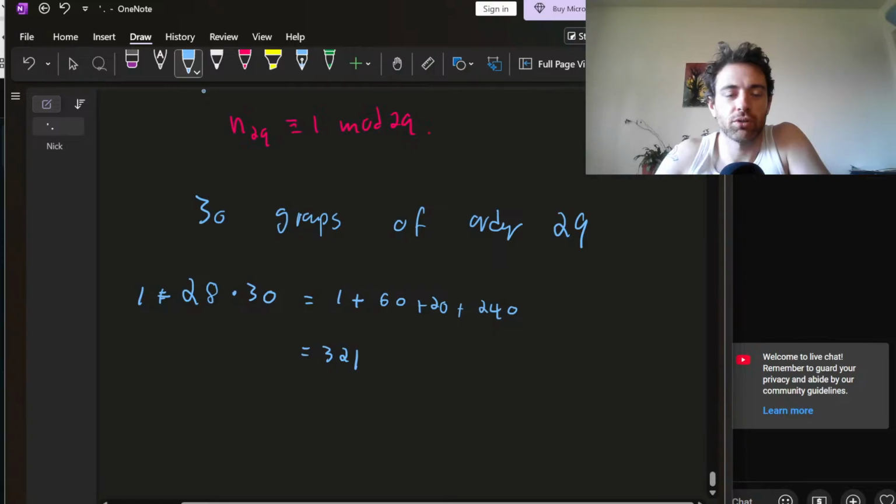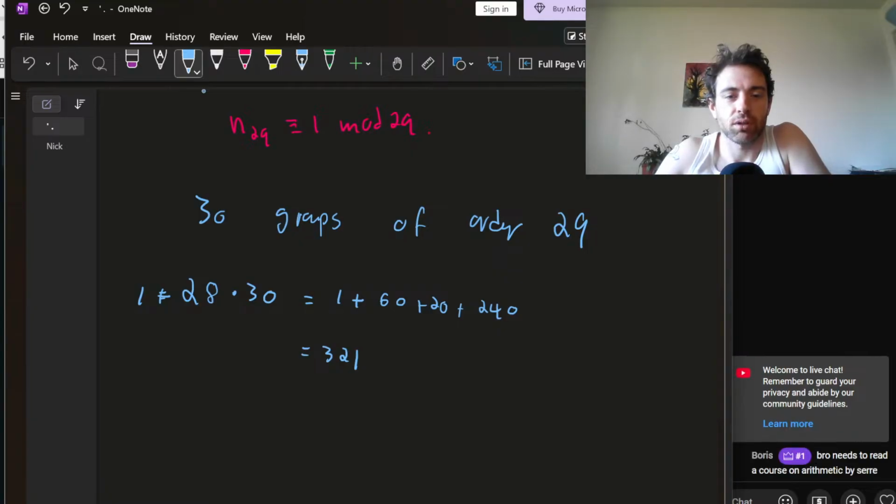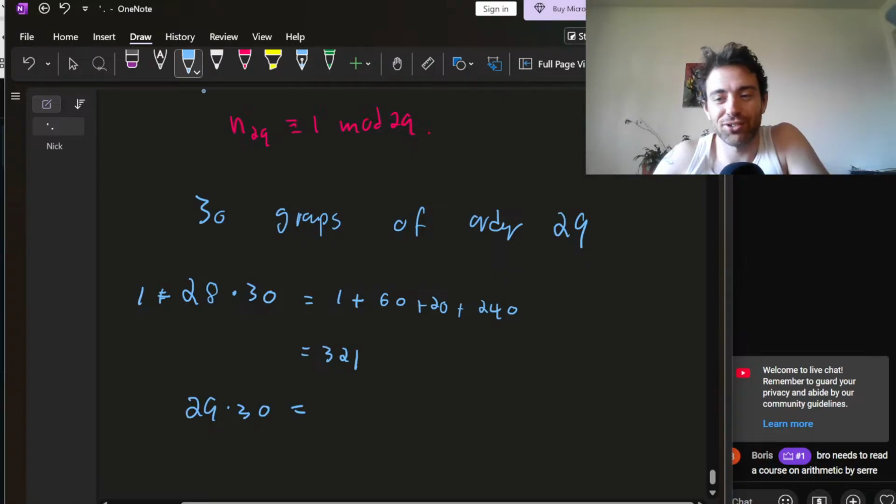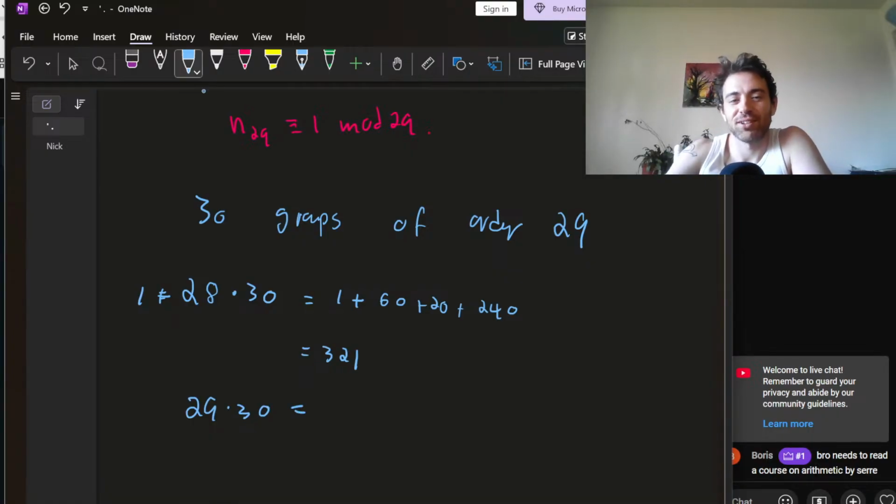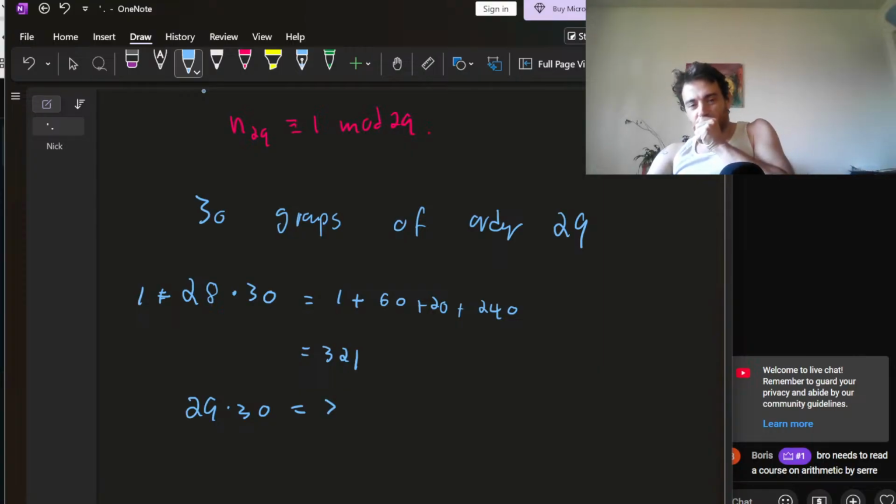And our total number of elements in the group was, I guess, 29 times 30. That's true, I do need to read a course on arithmetic. Which is what, 350?